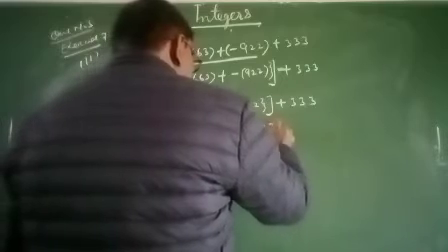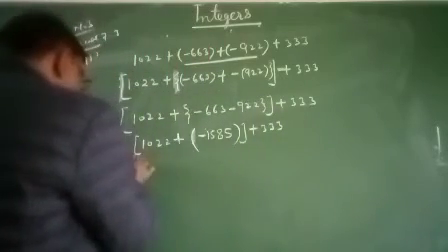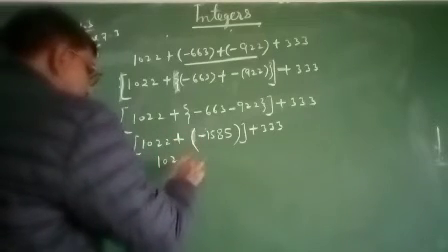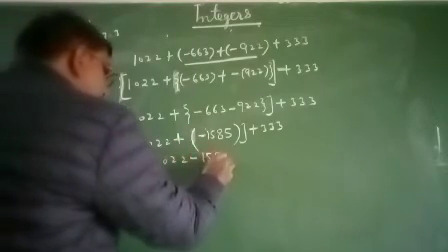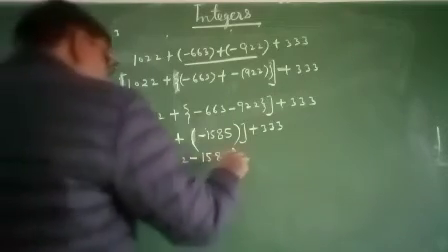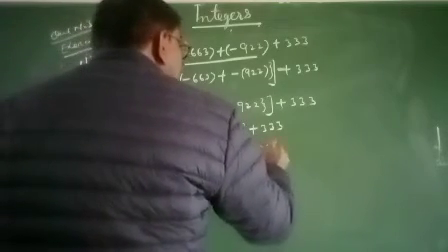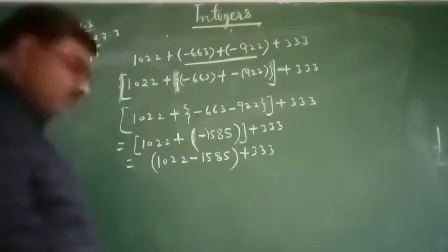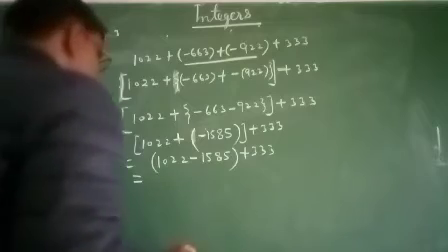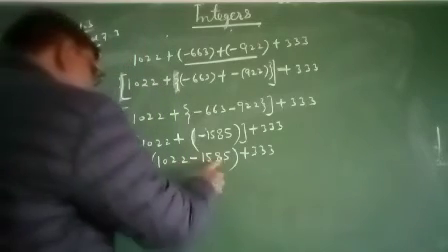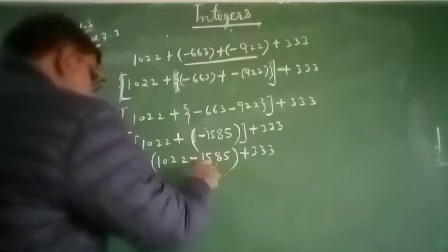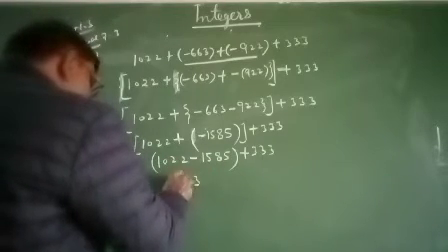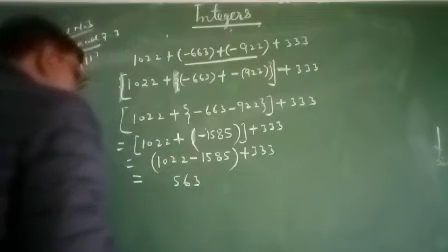Plus 333. Then it will be equal to 1022. Here plus minus will be minus 1585 plus 333. Now this will be equal to 5 minus 2 will be 3, 8 minus 2 will be 6, 5 minus 2 is 3, 1 minus 1 will be 0.